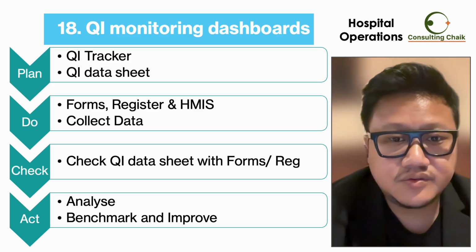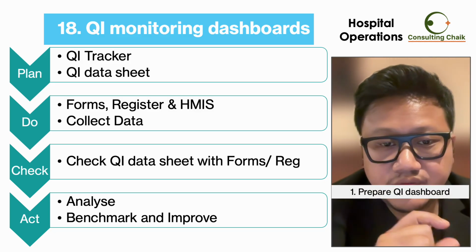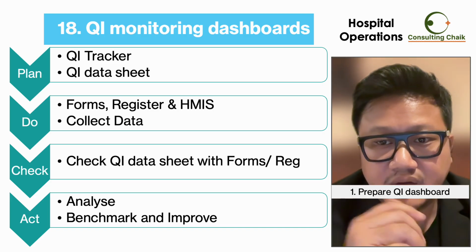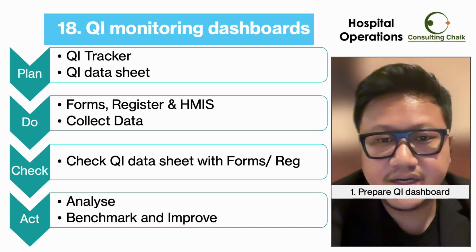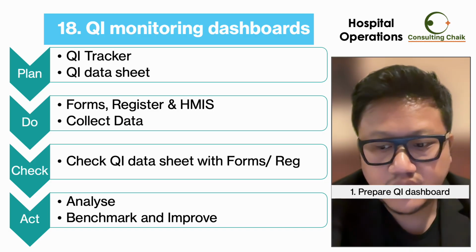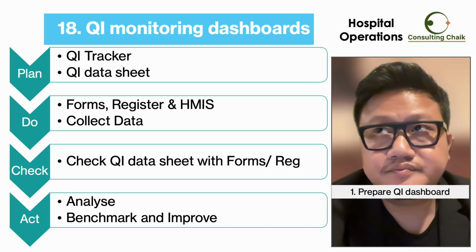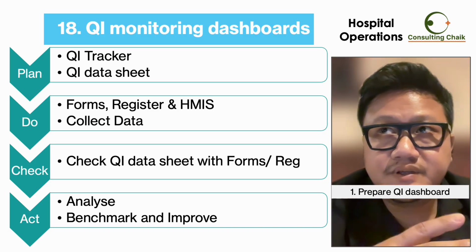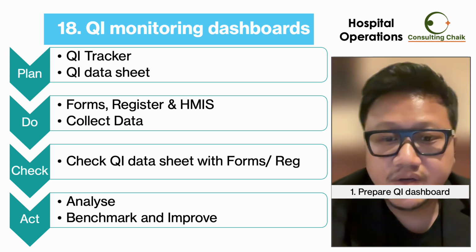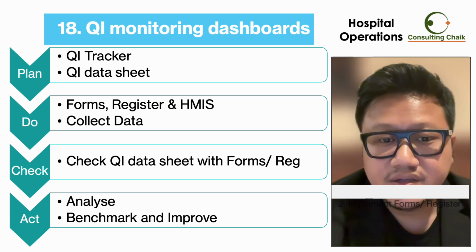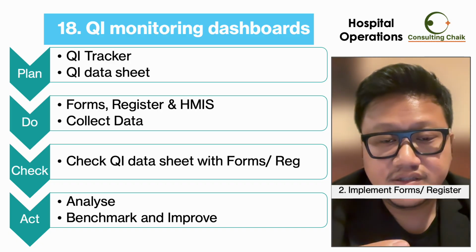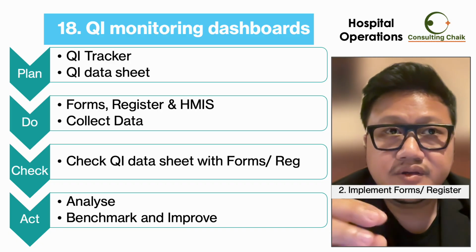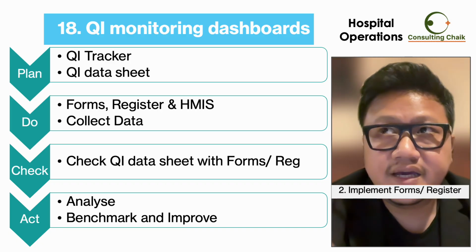So how you go about it is, you first prepare a QI data dashboard. As per this QI dashboard, you need to implement forms and registers, or you need to have a system in the HMIS from where you can get all the data.